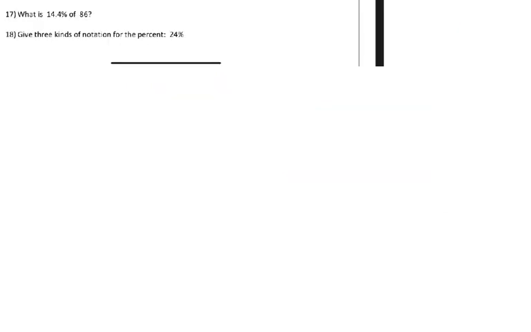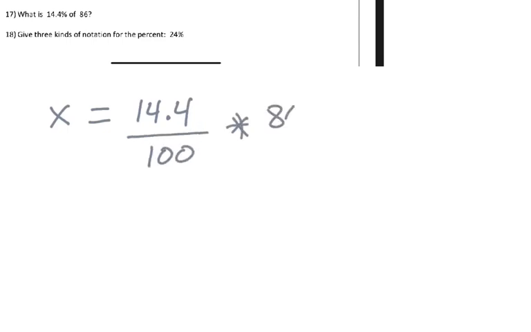In number 17, we have what, so that's x, means equal 14.4%, so that's 14.4 over 100, of means multiply 86. So again, we just have to solve this. We have to multiply 14.4 times 86. Actually, you know what I'm going to do? I'm not going to concern myself with that. We know that when we do this, we end up getting 1238.4 over 100.